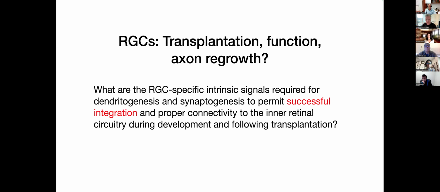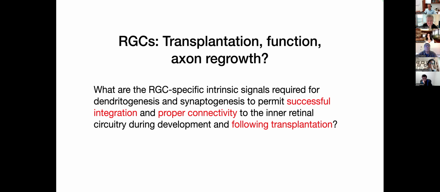We know that there's a huge amount that we don't know about dendritogenesis of ganglion cells, synaptogenesis, to get successful integration, proper connectivity into the inner retinal circuit, or at least some kind of connectivity that's lasting and that can give you actual functional signals down the optic nerve. And then how is any of this going to work following transplantation or doing something to save the cells that are still there?